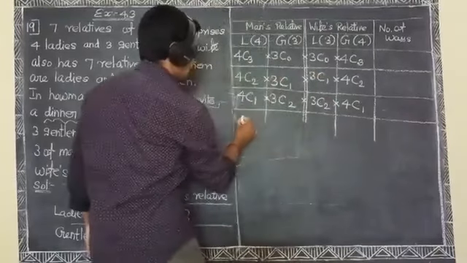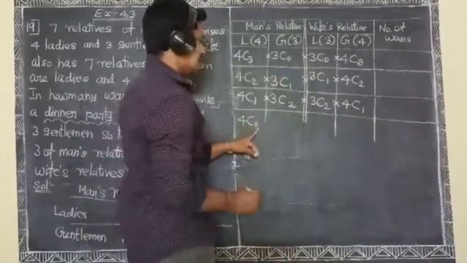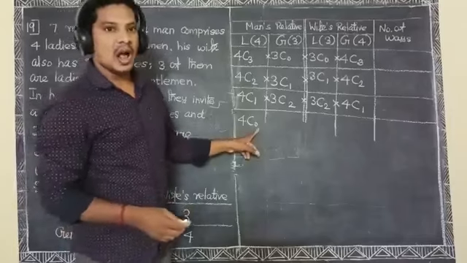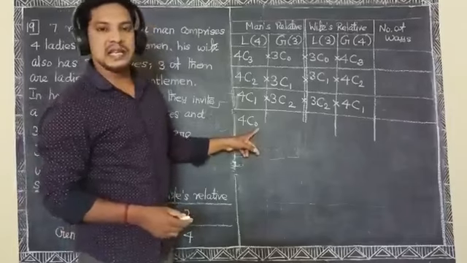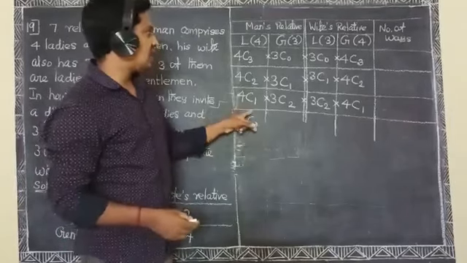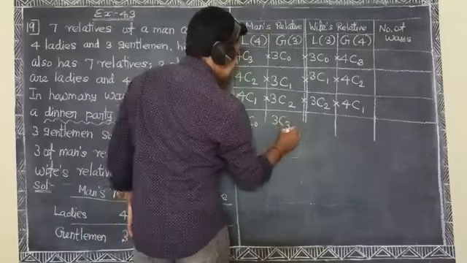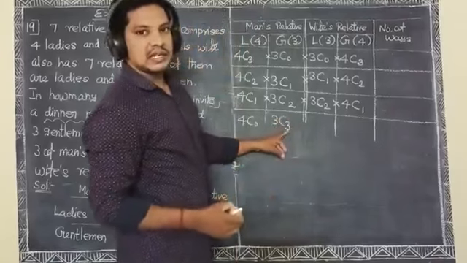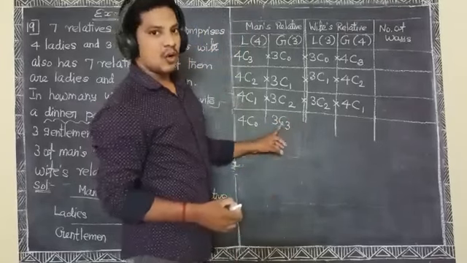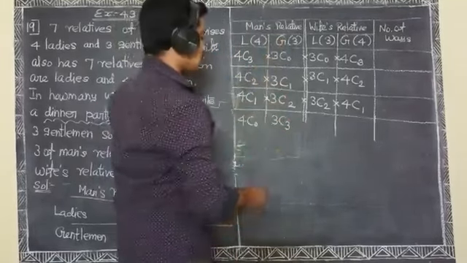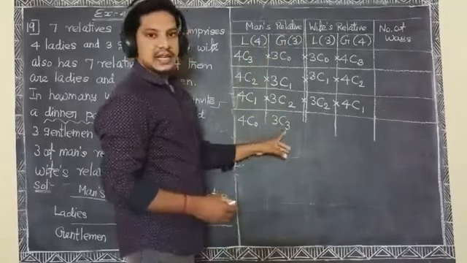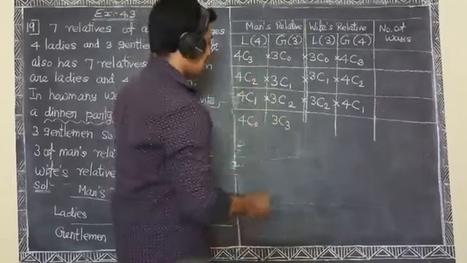Then the last one is 4C0. It means no ladies are selected out of 4 in man's relative. Then 3C3 means select 3 gentlemen out of 3 in man's relative. Totally we can select 3, 0 plus 3 is 3.